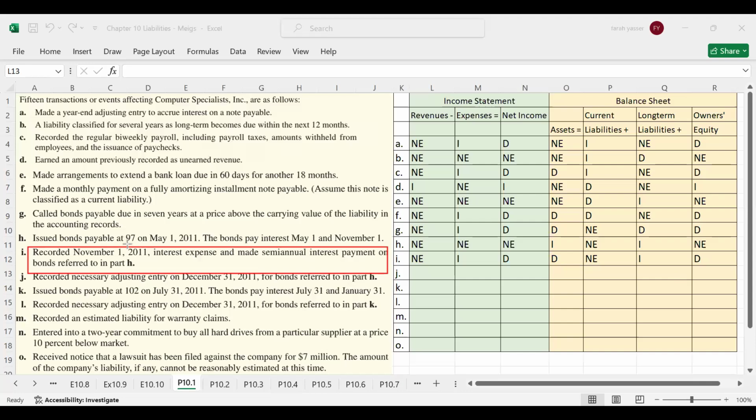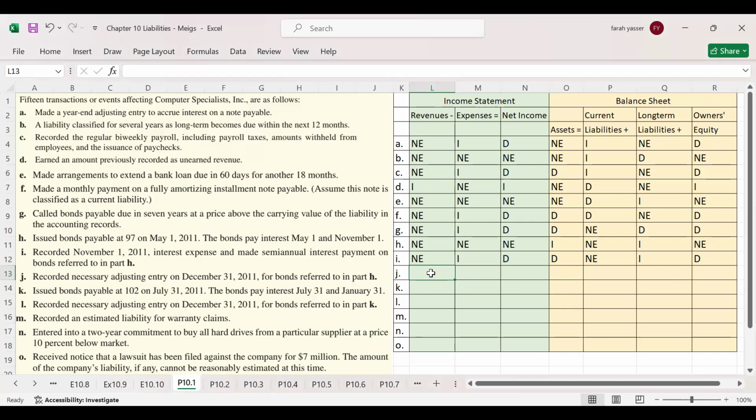The next transaction is also associated with H and I: recorded necessary adjusting entries for the bonds referred to in part H. So, what necessary adjusting entries are required? This is related to accruing interest payable.